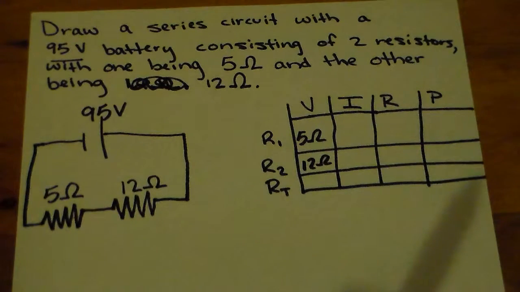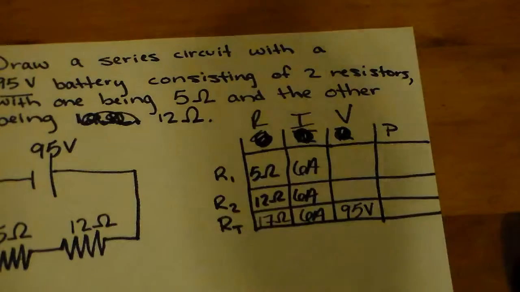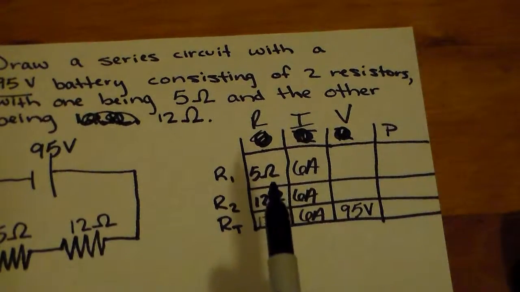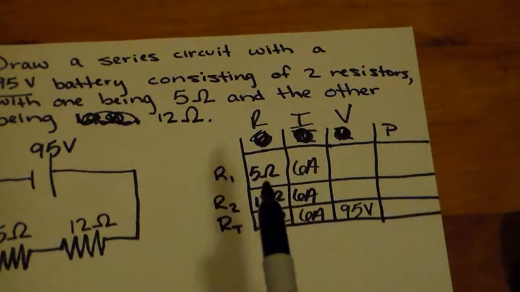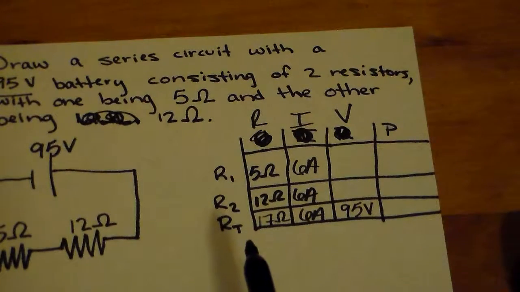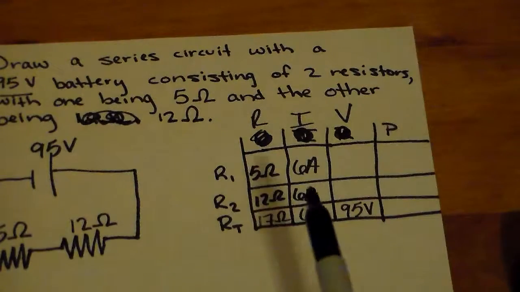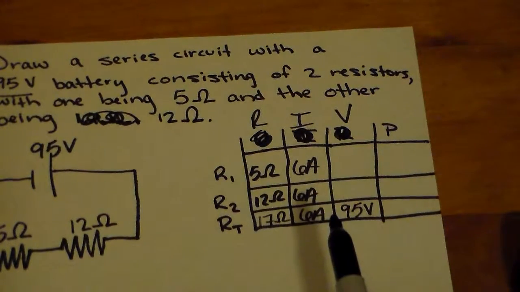Actually, no. Hold on here. Trying to think real quick. Alright, so I figured it out. You had to add the resistors together in a series circuit, which would be 5 plus 12 being 17. Make sure to write 95 in the volt section under the total voltage.